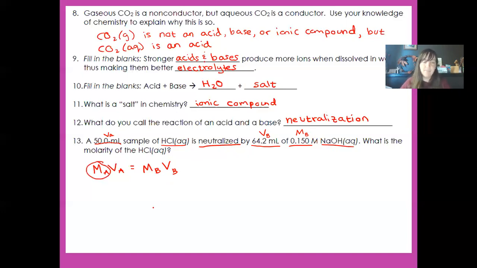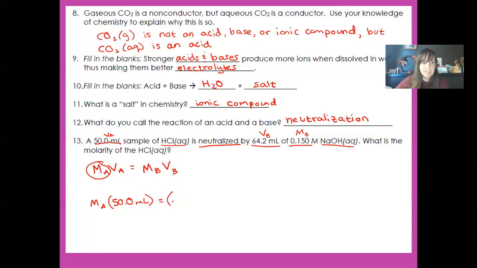So they're asking for MA. Okay, so we know how much base it took to neutralize it, and we know the volume of the acid, and we know the concentration of the base it took to neutralize it. So we can figure out how concentrated this acid is by putting in numbers for everything else. The volume of the acid is 50 milliliters, and I'll just leave in the units this time so we can see how they cancel.